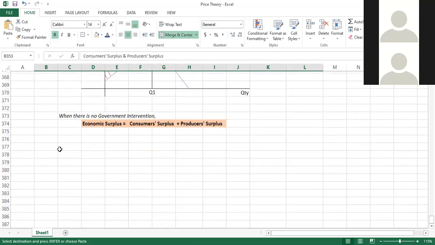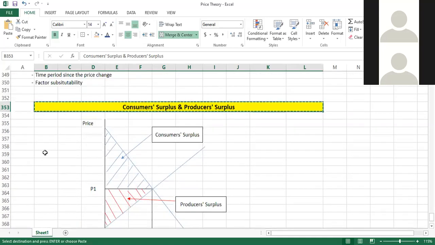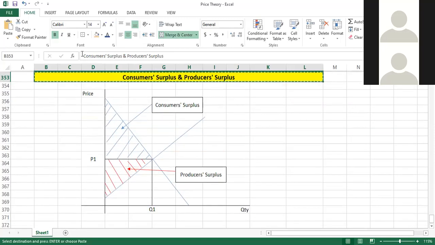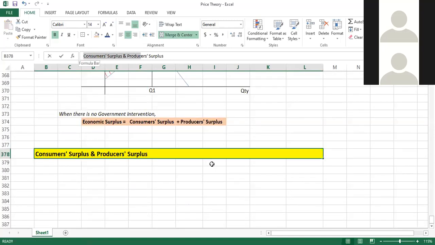Okay, with these concepts we discussed, relating to demand, supply, equilibrium, and changes to the equilibrium, now we can move to government intervention into the market.